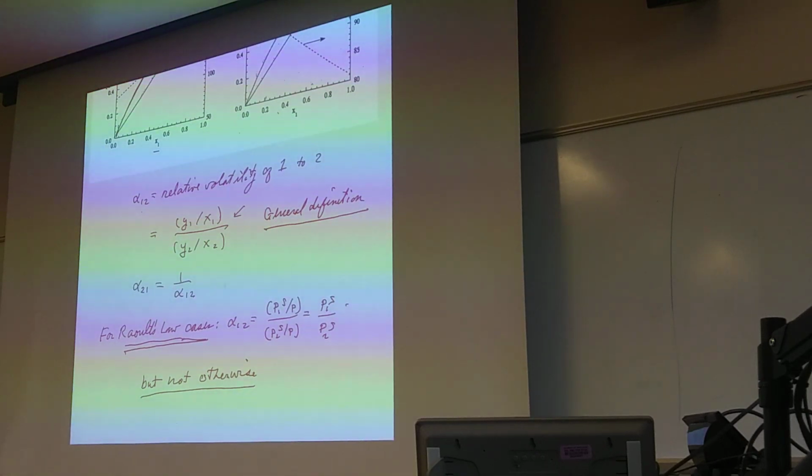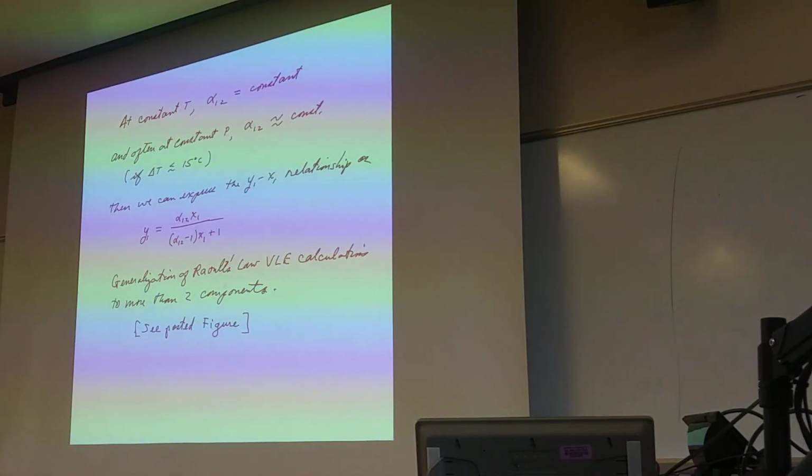But if that variation isn't too great, both of these vapor pressures have somewhat similar temperature dependencies. Alpha still doesn't change very much, although it isn't, rigorously speaking, a constant. If that temperature difference is not too great, we're kind of pushing the limit on the example that I've got, then we can assume that for all practical purposes, even for the constant pressure case, the relative volatility can be taken as a constant.